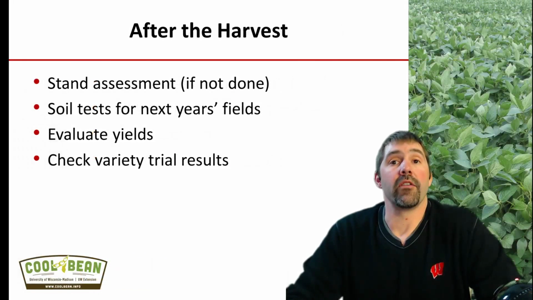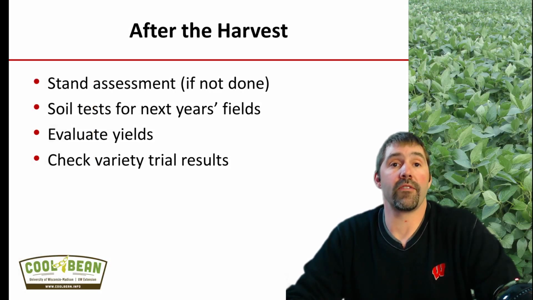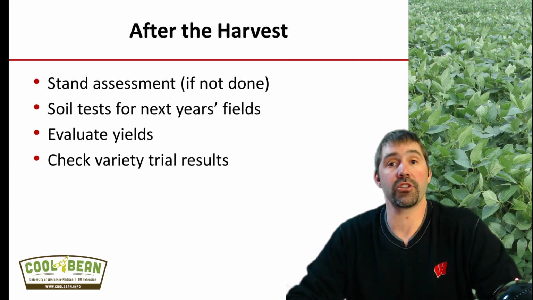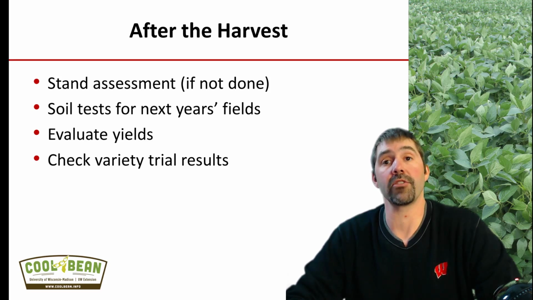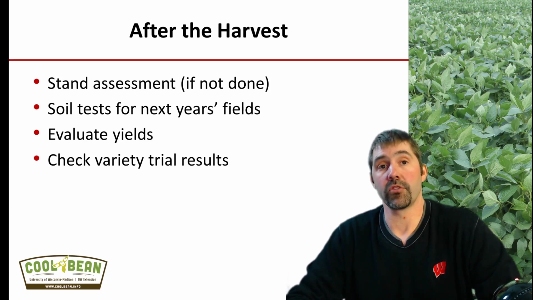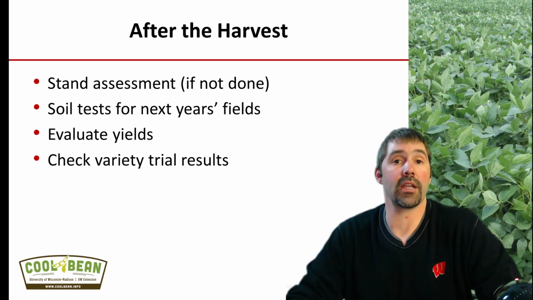Once we finally completed harvesting, we really want to do a couple things. Finally go out and do a last check on stand assessment, make sure we've hit our threshold of 100,000 plants per acre. We want to be able to go out and do some soil tests to really get an idea of what our soil fertility levels are, so we can get our fertility program set.